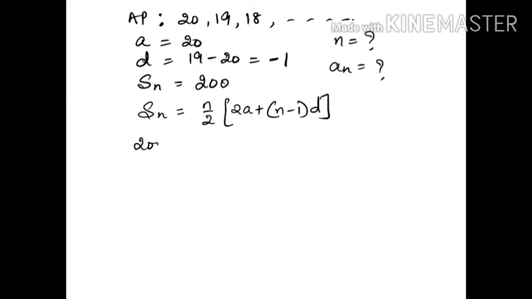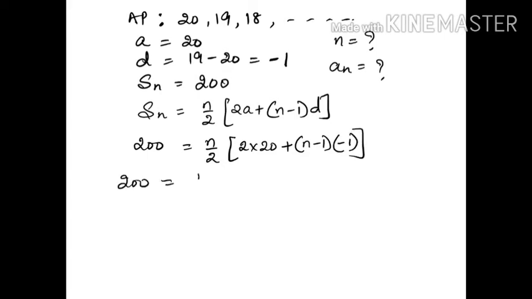Substituting the values here, we get 200 equal to n upon 2 in bracket 2 into 20 plus n minus 1 into minus 1, bracket close. Simplifying, we get n upon 2 in bracket 40 plus 1 minus n.